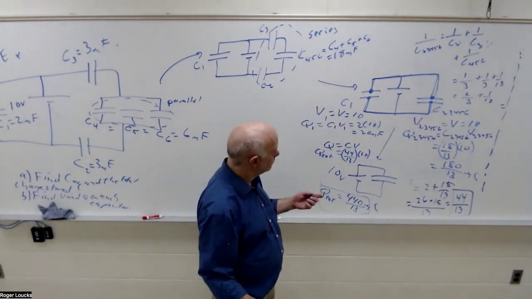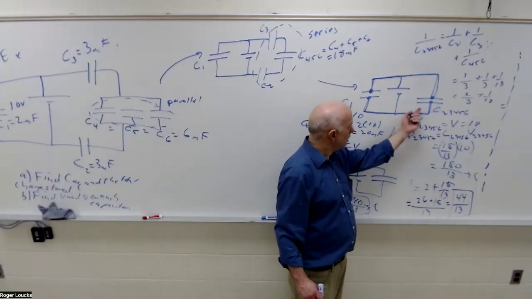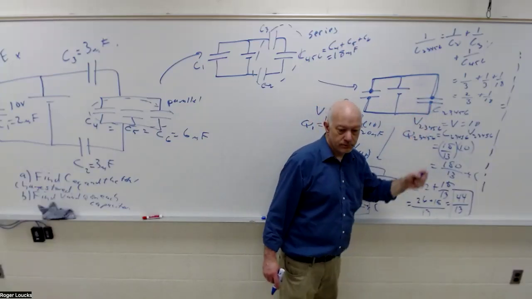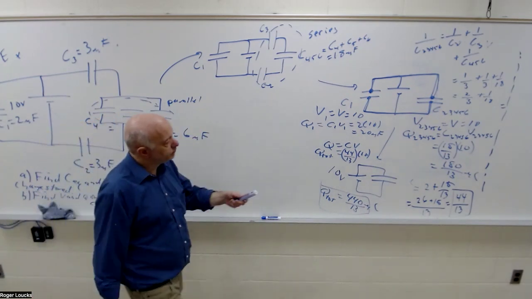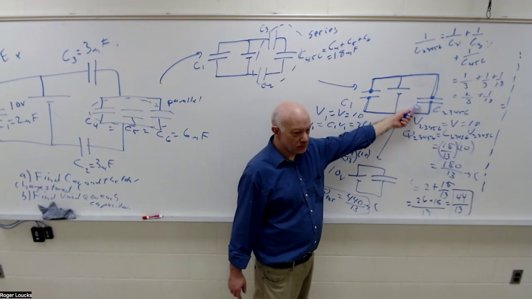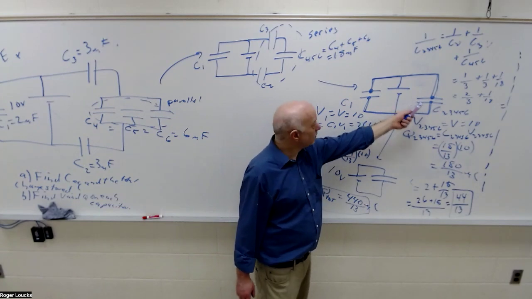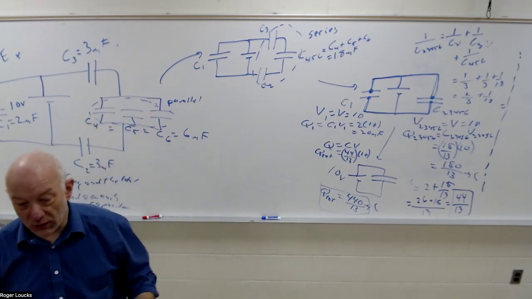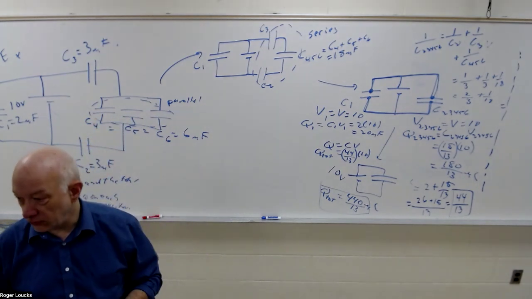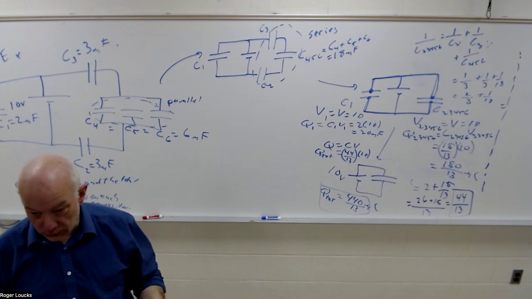Now let's ask the next question. Where does this capacitor here come from? This one comes from the series combination of these capacitors. What's the same for capacitors in series? The charge.